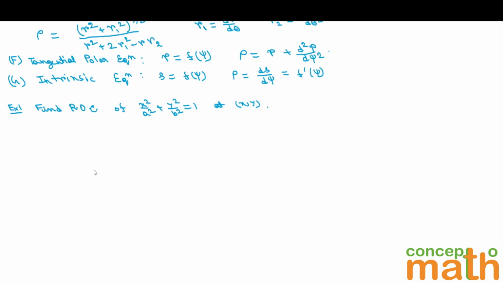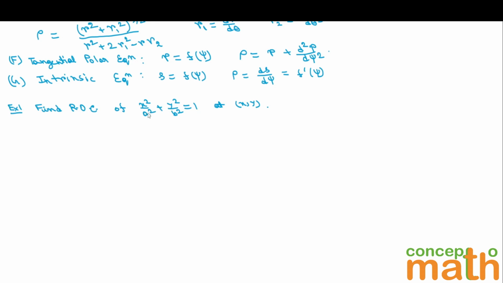Okay, so we can use the implicit formula here, but we can try in Cartesian form also, because from this equation we can find out x and y in terms of the other variable directly. So we will use that formula. Someone can use the formula for implicit form also.